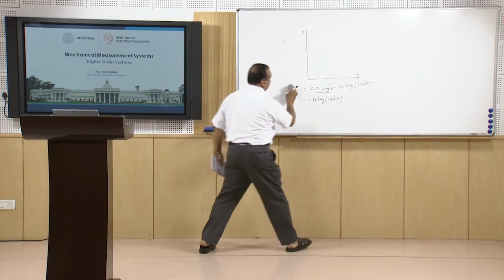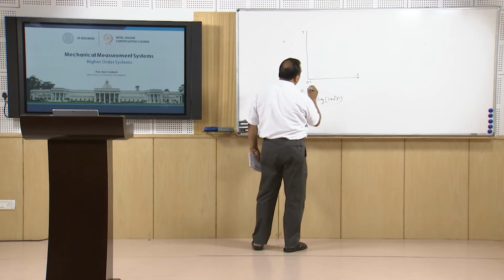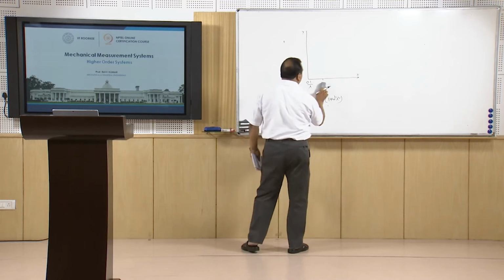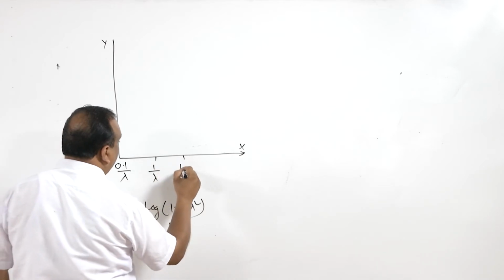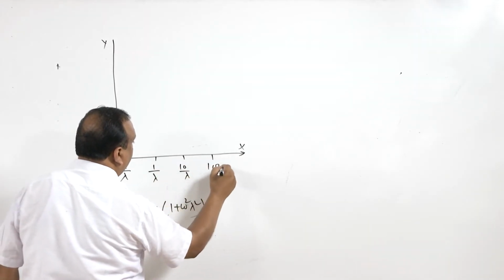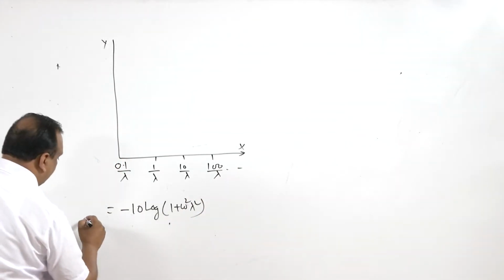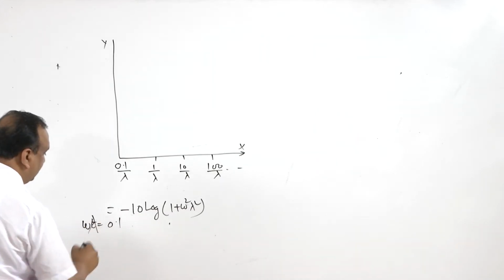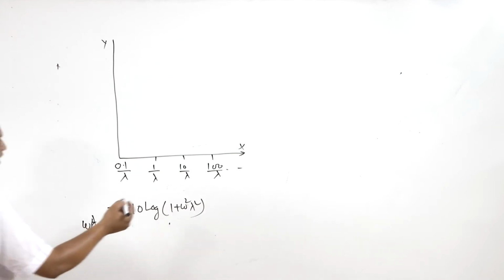So we will take 0.1 by lambda, 1 by lambda, 10 times 1 by lambda, 10 by lambda, 100 by lambda, and so on. I have taken this because omega lambda is equal to 0.1, so 0.1 by lambda will give the omega frequency. So that we are getting on this axis.